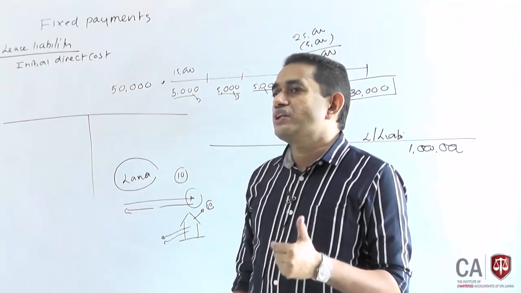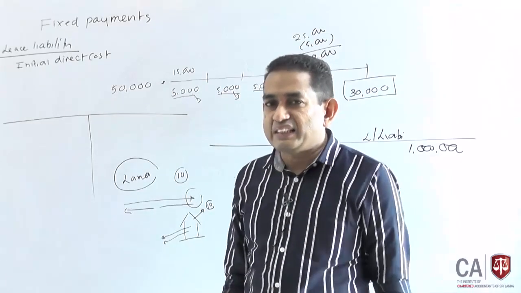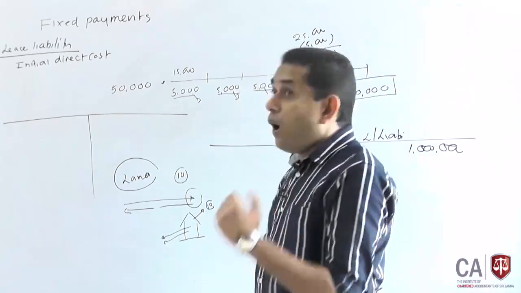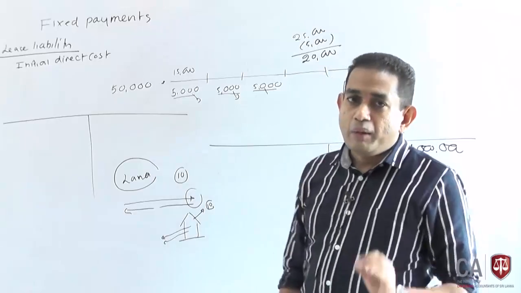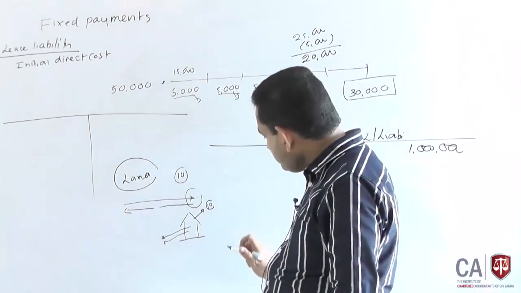That removal cost is called dismantling cost, and you would have heard this word before in LKAS 16 property, plant and equipment, or even LKAS 37 provisions, contingent assets and contingent liabilities.